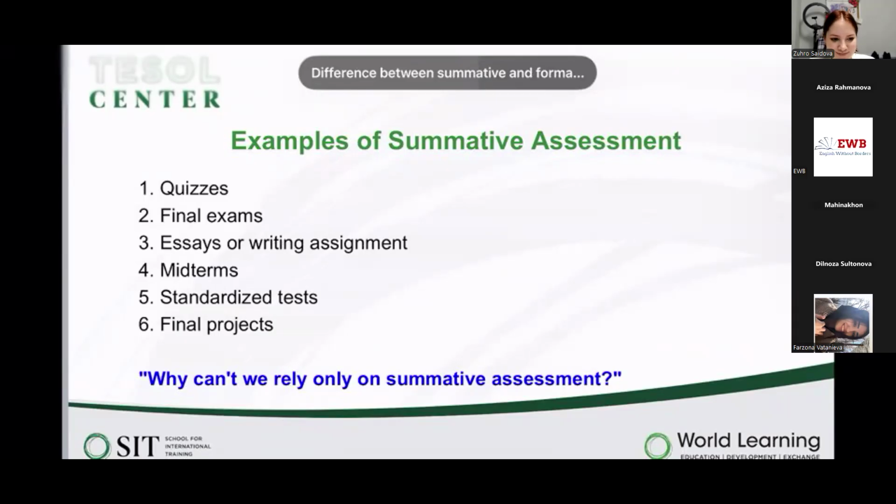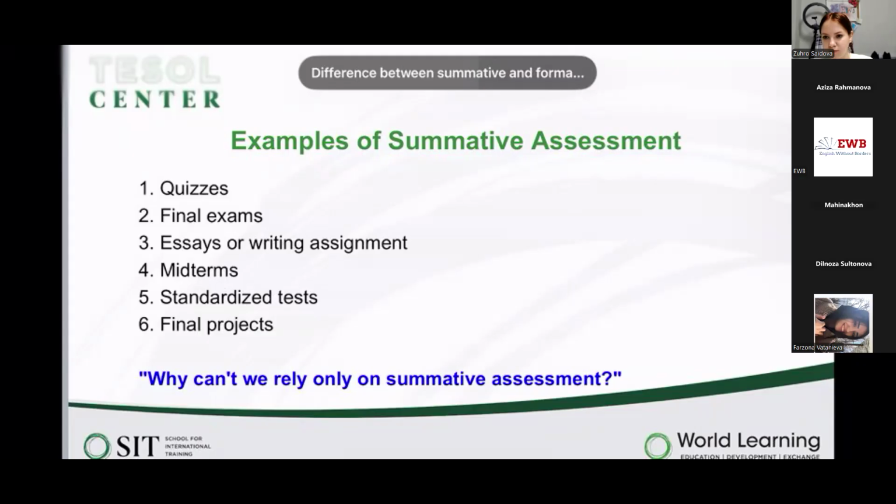Thank you very much. So here are the examples of summative assessment. Examples of summative assessment could be quizzes, final exams, essays or writing assignments, midterms, standard tests, or final projects. I'm sure that you already know that summative assessments are those kinds of assessment that measure learning and achievement of students.